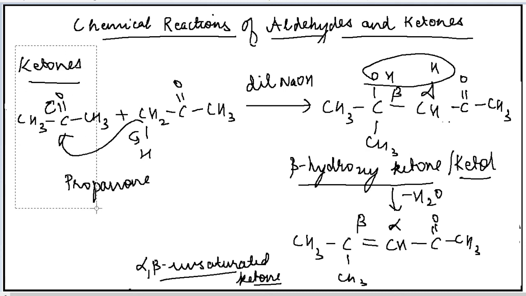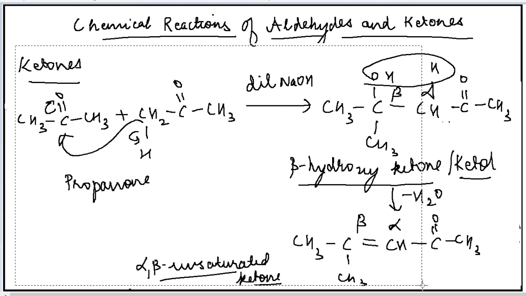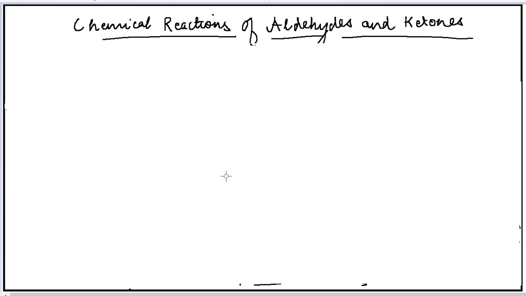Now the next reaction due to the alpha hydrogen is the cross aldol condensation reaction. The name itself suggests that there will be some change in the reactants. Okay. So next is the cross aldol condensation reaction.